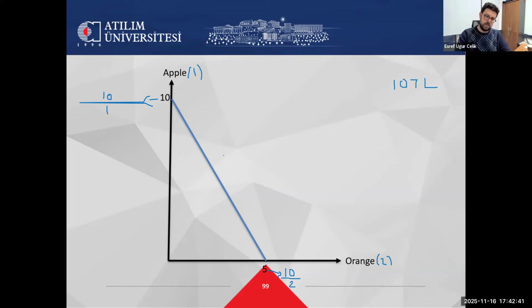Then what answer can we find? I said 2 apples and 4 oranges. This is the utility maximizing level. The intersection between the budget line and the utility maximizing level is called consumer equilibrium. At that point, the indifference curve goes over there. This is the indifference curve.